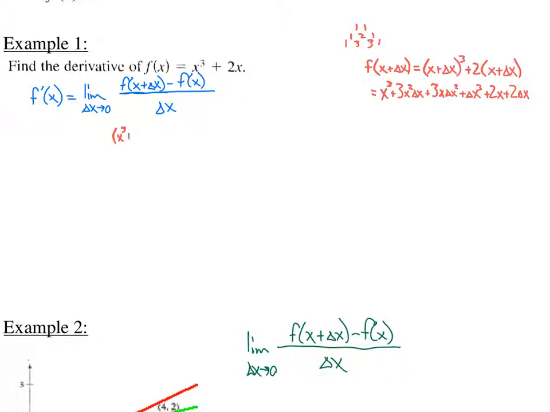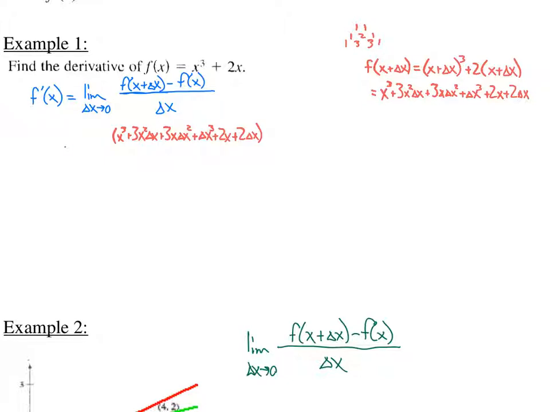So x cubed plus 3x squared delta x plus 3x delta x squared plus delta x cubed plus 2x plus 2 delta x. Okay?